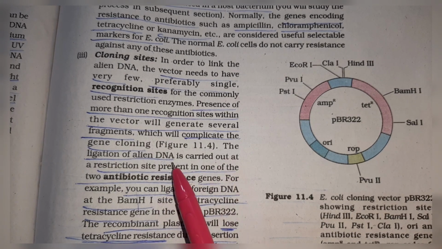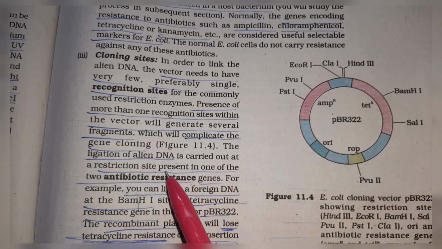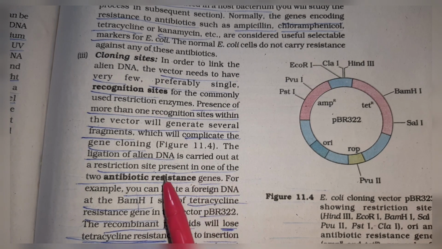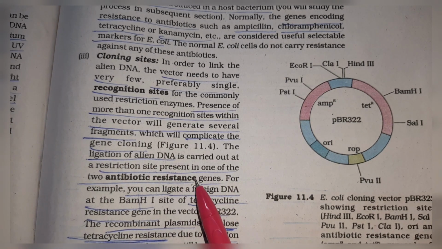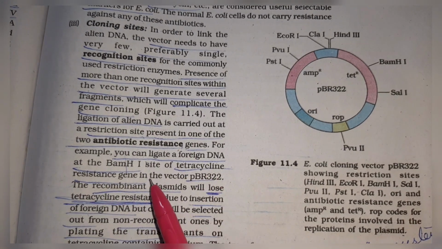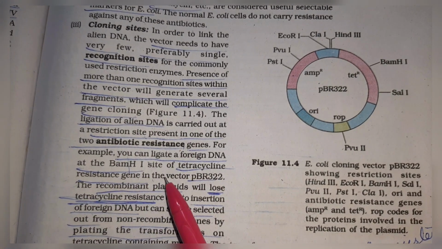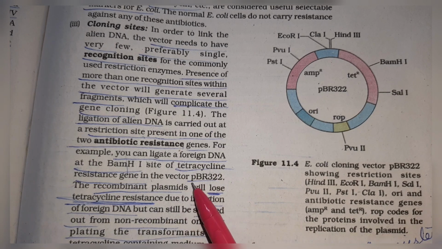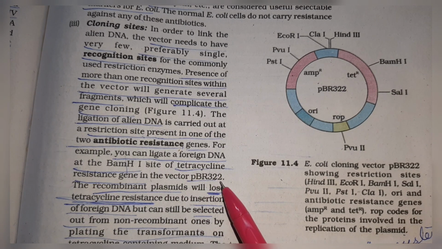The ligation of an alien DNA is carried out at a restriction site present in one of the two antibiotic resistance genes. For example, you can ligate a foreign DNA at the BamHI site of the tetracycline resistance gene in the vector pBR322.